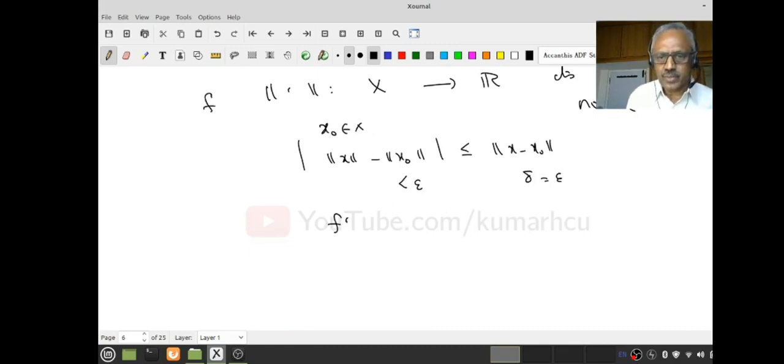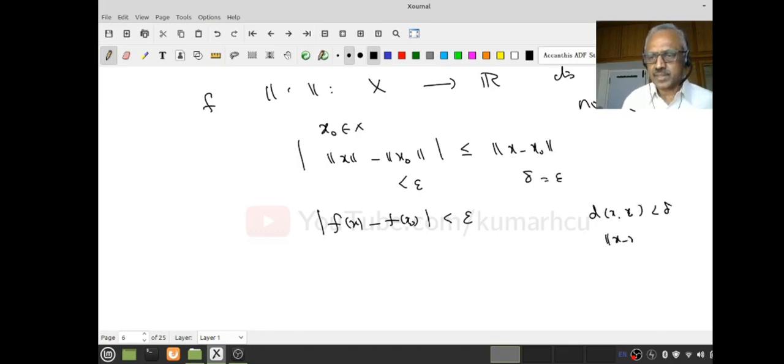So I want to show f is continuous at x0. That means I have to prove this is less than epsilon whenever the distance between x and x0 is less than delta. That is, norm of x minus x0 is less than delta should imply that. But what is f of x? That is norm x. What is f of x0? Norm of x0, and absolute value. But this is the triangular inequality.